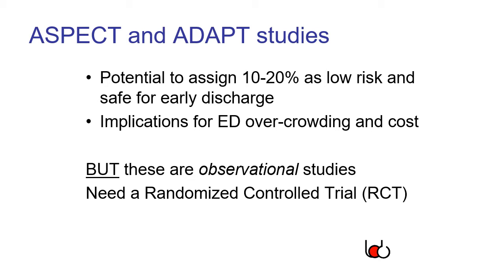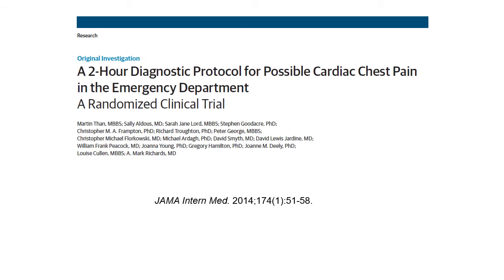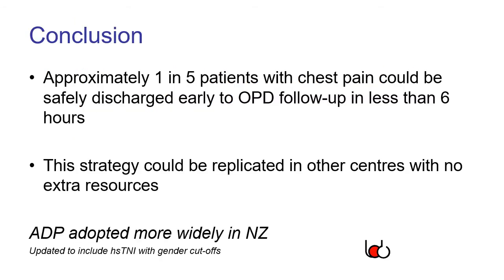But these are observational studies, and they were subsequently supported by randomized controlled trials. And this was the randomized controlled trial that was undertaken in Christchurch and subsequently published in JAMA Internal Medicine in 2014, which confirmed that approximately 1 in 5 patients with chest pain could be safely discharged to outpatient follow-up in less than 6 hours, and that this strategy could be replicated in other centres with no extra resources.